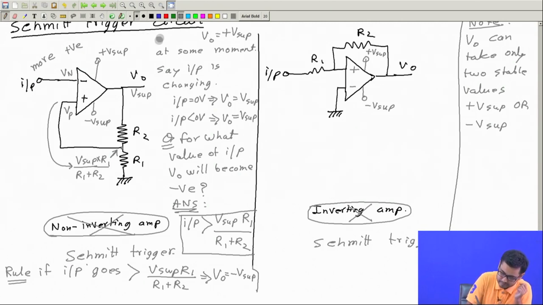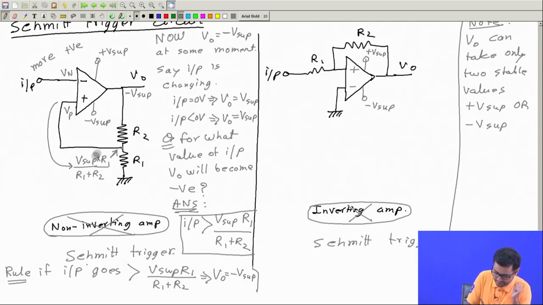Now, output is negative at this. So, let us see what will happen after this. So, now output is negative, and input has gone above this value. Now, so this is minus V supply.